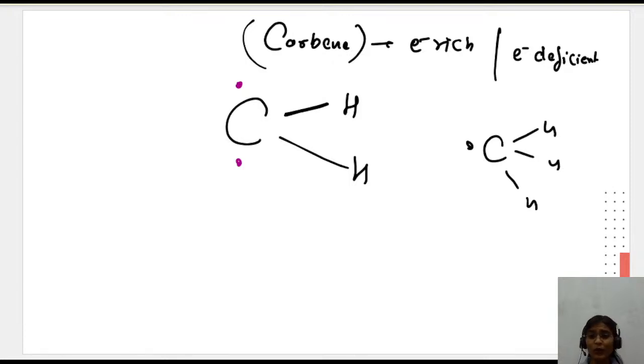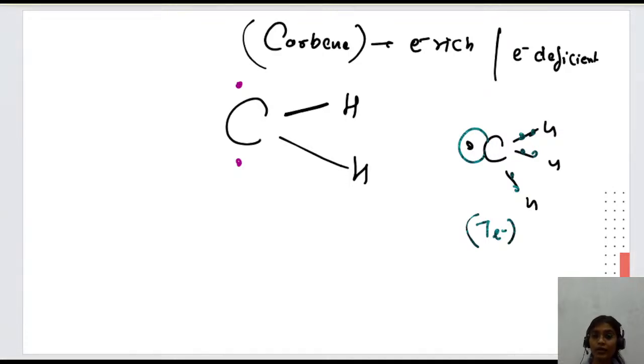We discussed so many times that in this case there is 1, 2, 3, 4, 5, 6, 7 electrons in total. So 8 electrons are required here. We discussed this so many times. Carbon radical or carbocation, both are electron-deficient species. Okay, does something strike your mind?